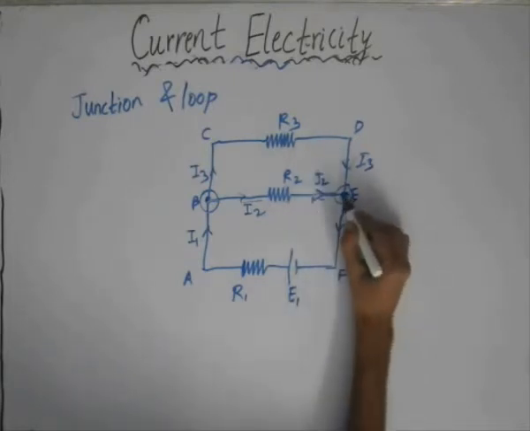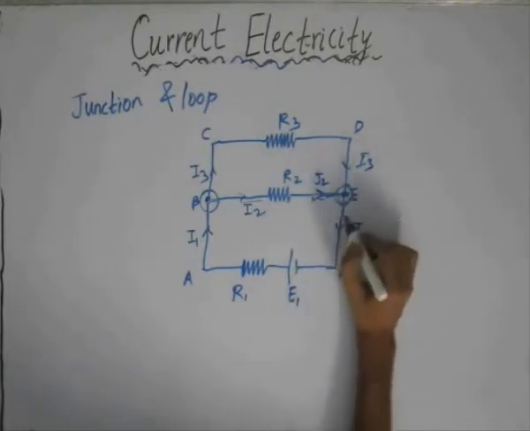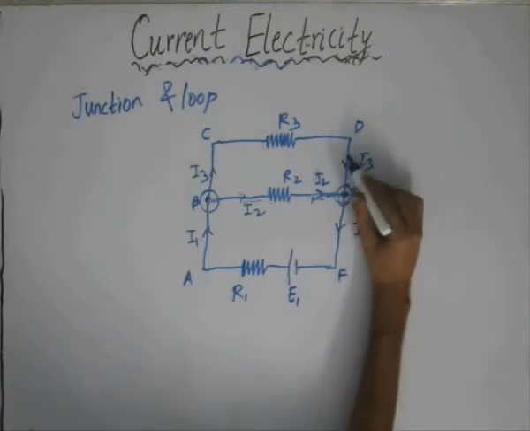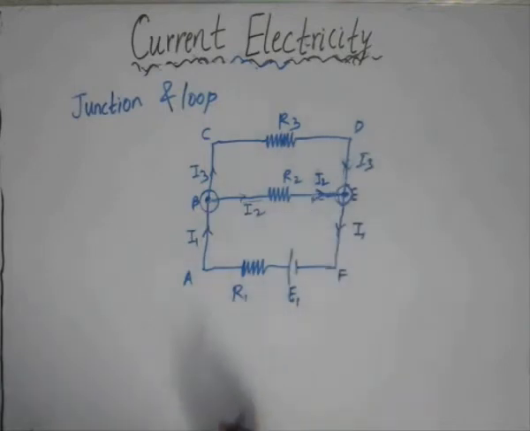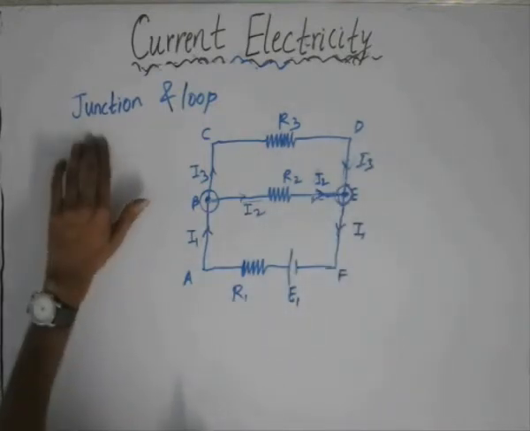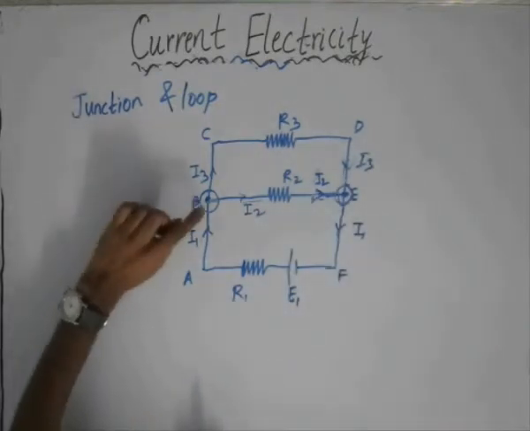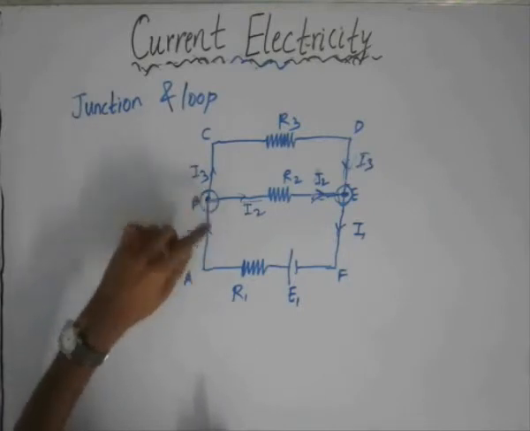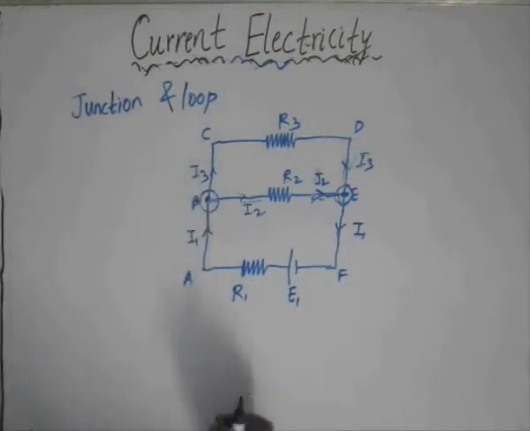So at junction E, the incoming currents are I3 and I2, whereas the outgoing current is I1. So a junction for an electrical network is any point where more than 2 branches of the conductors meet.